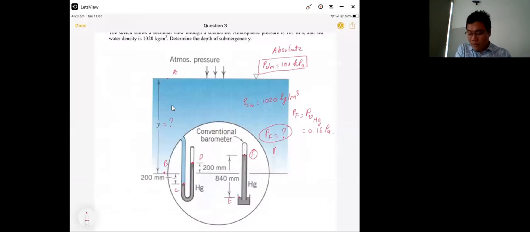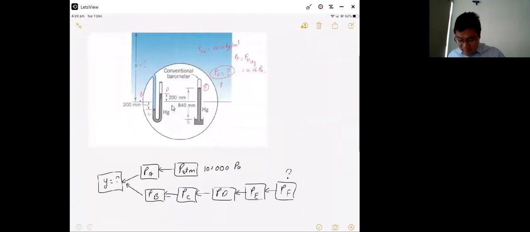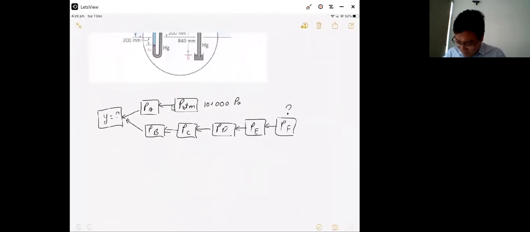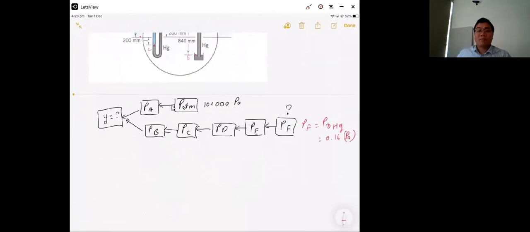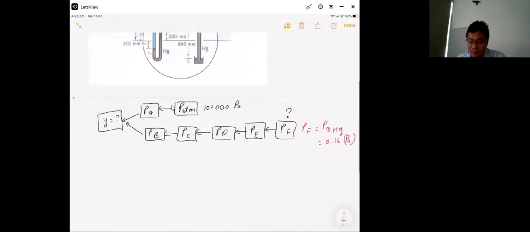Now you can find Y with PF equal to the vapor pressure of mercury, or 0.16 Pascal.